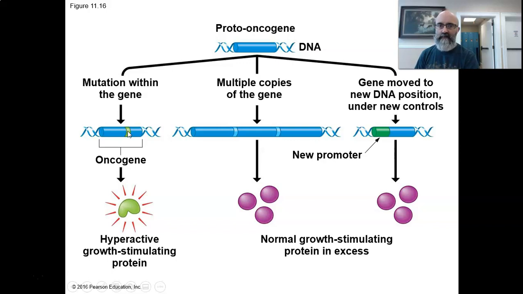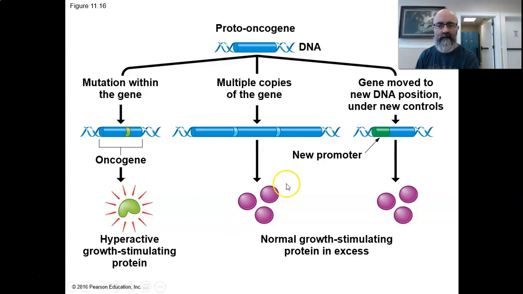When the DNA is transcribed and then translated, we form a different protein because the amino acid sequence is now changed, just like with the sickle cell anemia example, right?